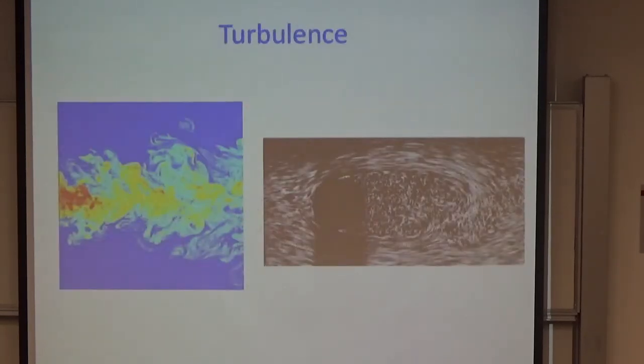Finally, we expect such a theory should give many applications, some of the important physics I mentioned earlier. Let me highlight just one aspect. Turbulence, of course, has been a very important problem for many years.